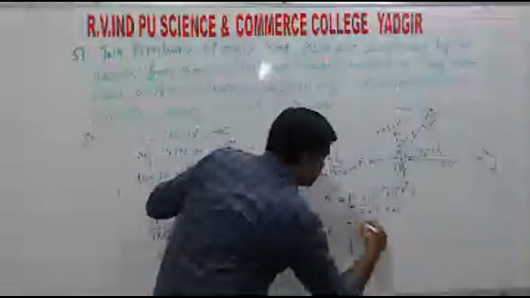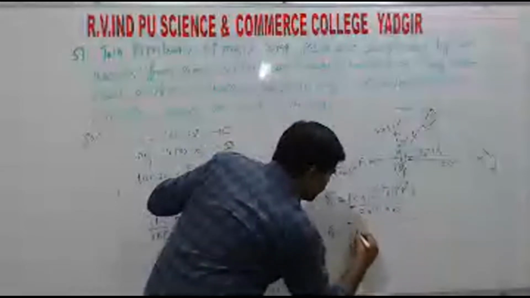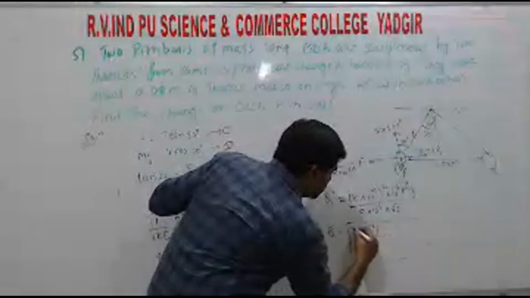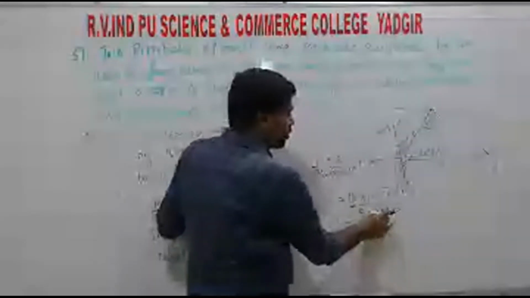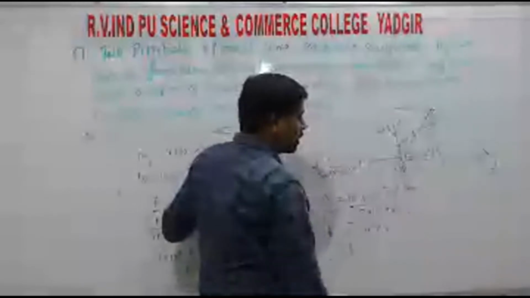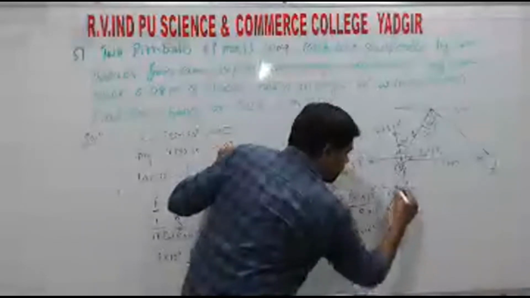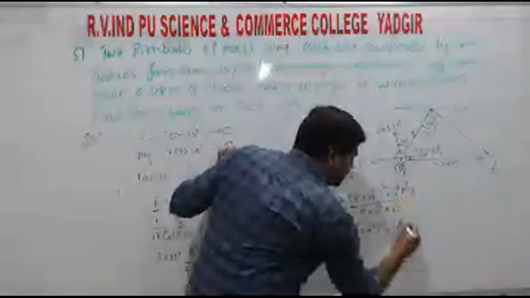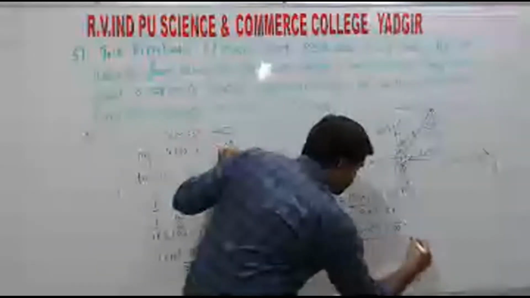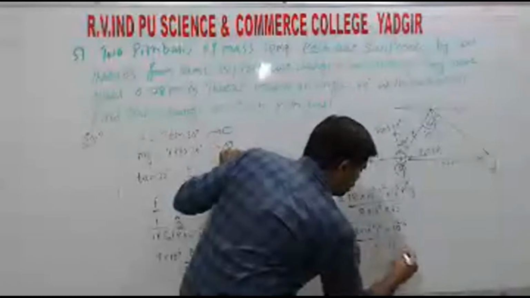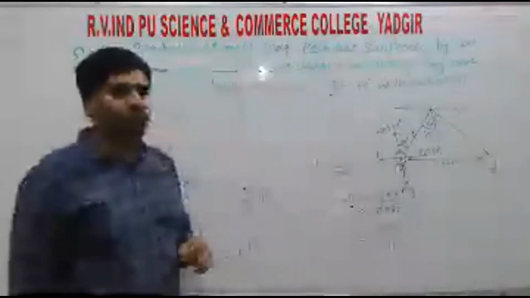So we need q. So q is equal to under square root, right? This can be written as the square root of 8 into 10 to the power of minus 2 whole square, into 10 to the power of plus 9, if it goes to the numerator it becomes minus 9, right? So 10 to the power of minus 5 minus 9 becomes minus 14, divided by 9 into root 3, right?